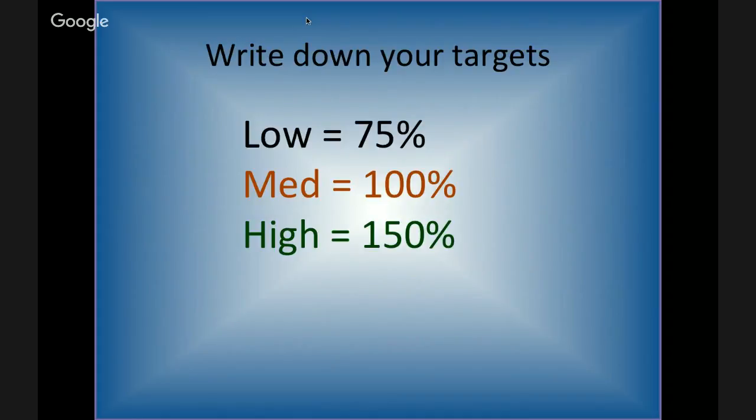So now we're going to write down your targets. What are your revenue targets? What's 75% of that target, 100% of that target, and 150% of that target? So go ahead and write those targets down now. Remember, you can use your calculators if you're having a hard time with the math.